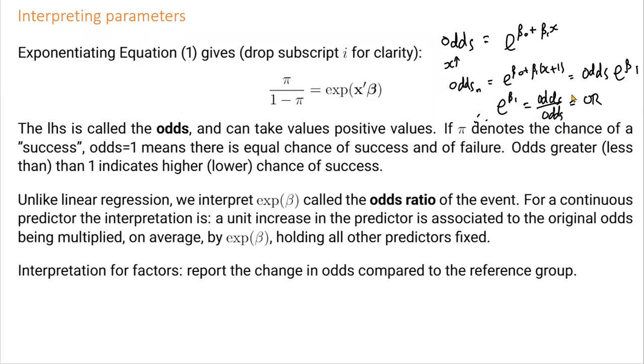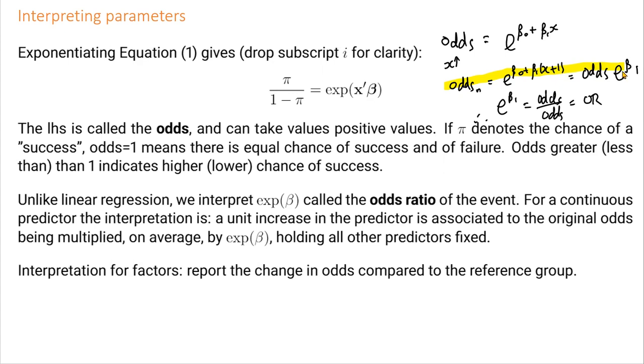So if we look at this line, a 1 unit increase in X is associated with a factor change of the odds by e to the b, this guy here. It's multiplicative, so the new odds is changed by whatever this is. If it's bigger than 1, then your new odds is bigger than the original odds.